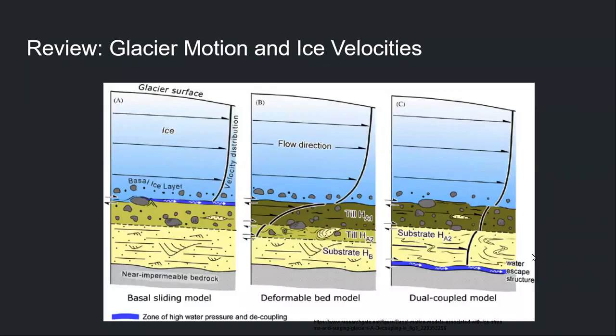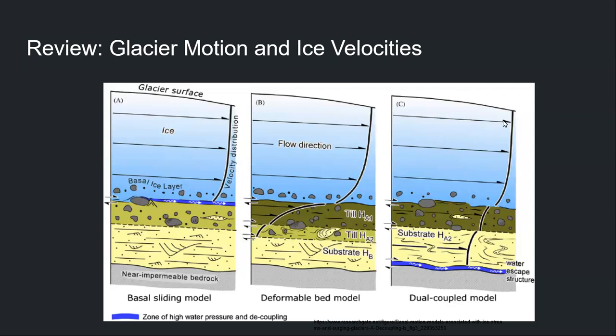So just a small review of last lecture. We saw different kinds of motions in the glacier: internal deformation, basal sliding, and those models that combine those two types of motion, where you have the ice overlaying some deformable sediment, and depending on where you place that lubrication layer, that is a very thin layer of water, then you will have different outcomes.